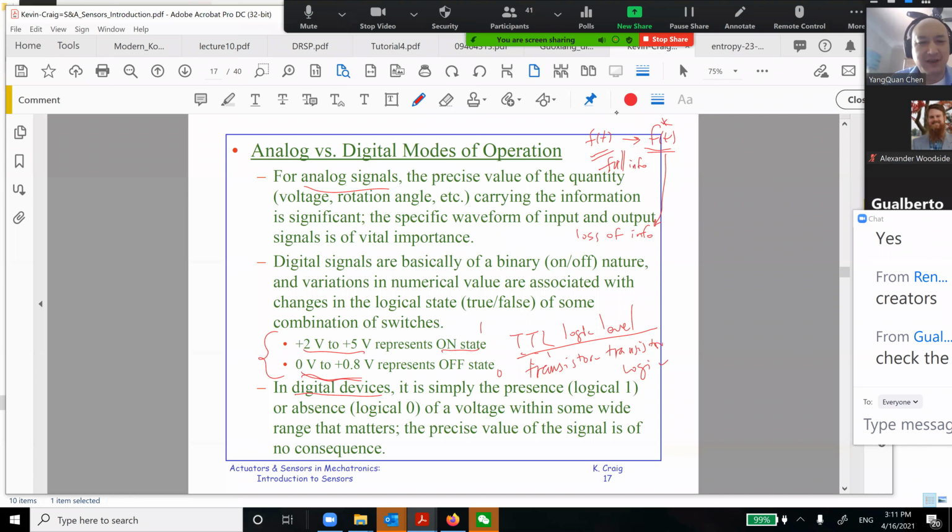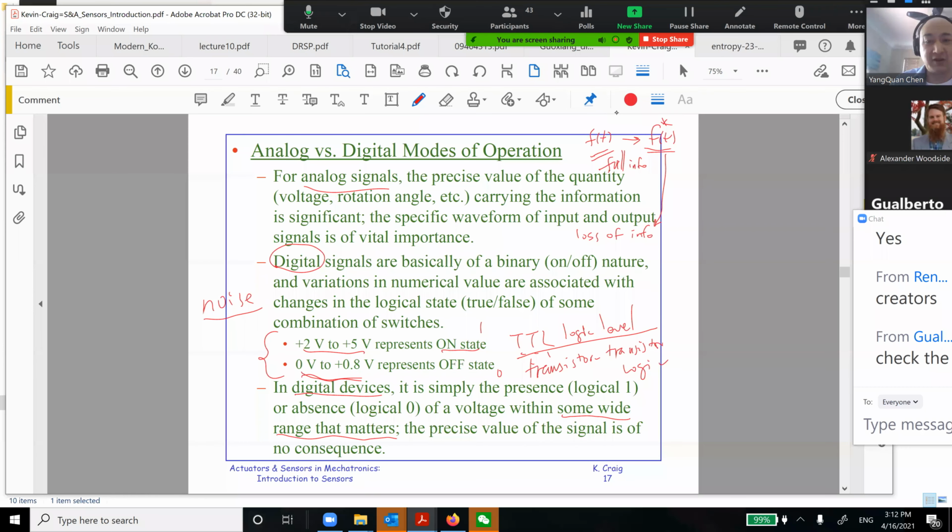With such a wide range, the precision of the signal is not the important thing. In other words, digital form is more immune to noise. Okay, it's noise immune.